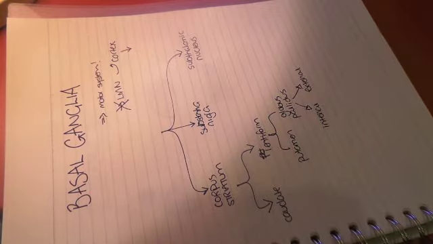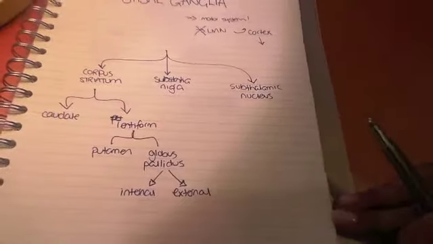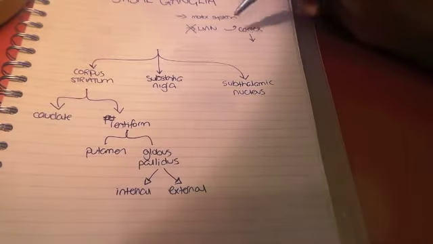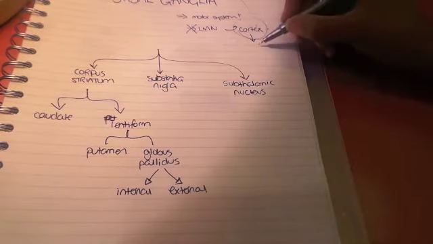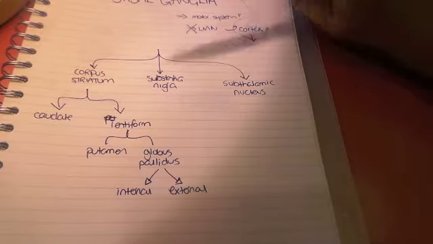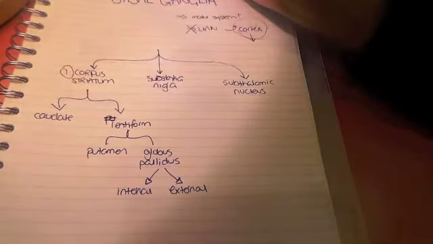So, let me turn this so you can see it. The basal ganglia has to do with your motor system. The output of the basal ganglia goes back to the cortex, and then it modifies the output from the cortex, and it's composed of three things. Number one, the corpus striatum.